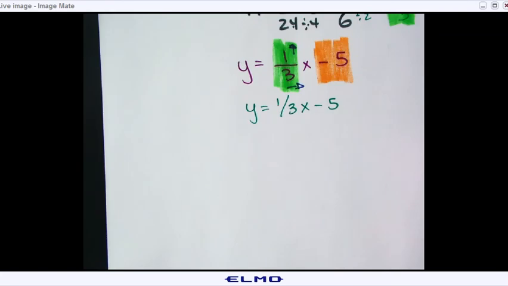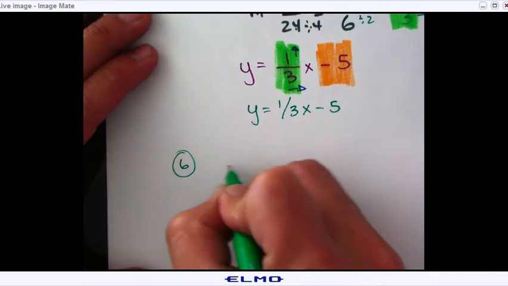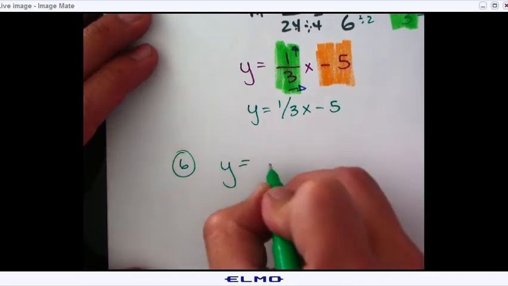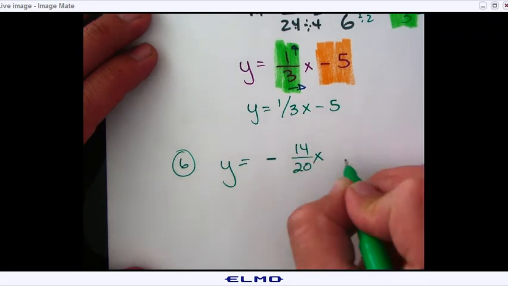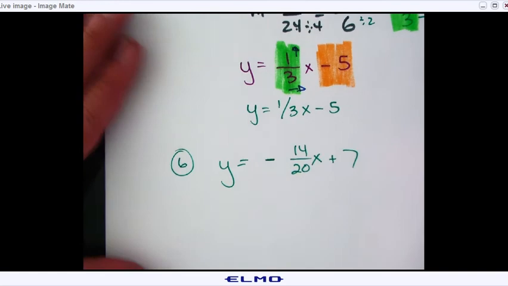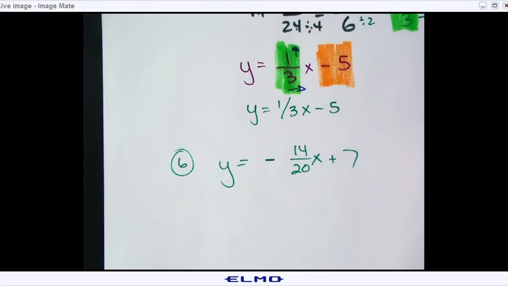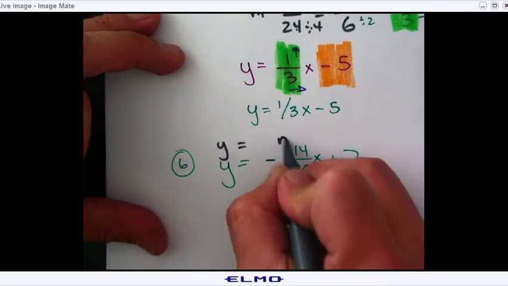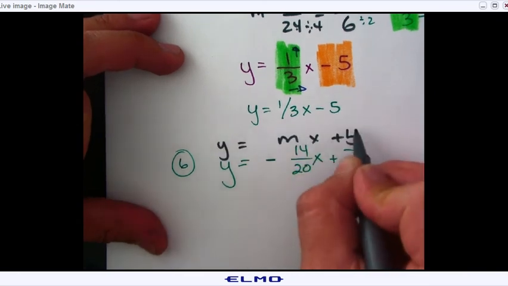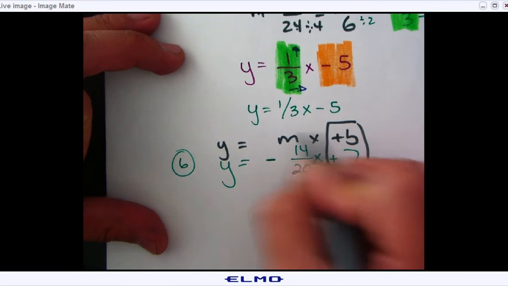So here we go with number 6. The problem is y is equal to negative 14 over 20x plus 7. Now, we could graph this if the grid was big enough because it's in y equals mx plus b form, right?